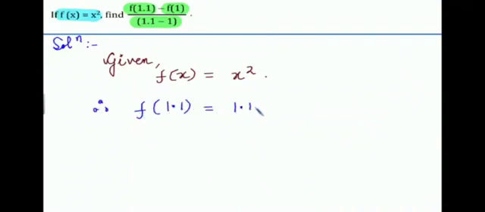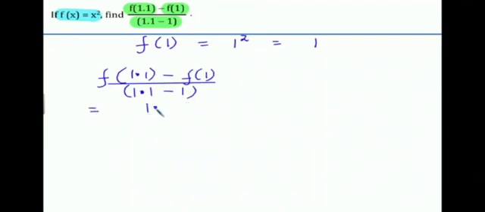So f of 1.1 is equal to 1.1 square; put 1.1 on behalf of x. So 1.1 square is equal to 1.21. Now f of 1, put 1 on behalf of x. So 1 square is equal to 1. Now put all the values in the expression which we have to find.